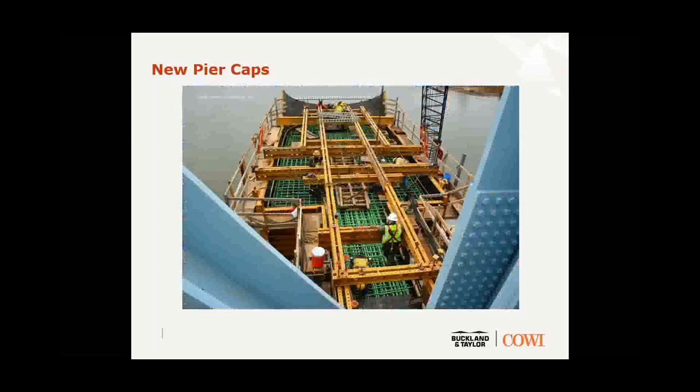That pier cap construction, particularly the middle pier, which did the longitudinal guiding for the slide, had a lot of embedments in the tops of the pier caps, both for sliding tracks and for guiding it. And here's some of the temporary works that the contractor had in place for that.